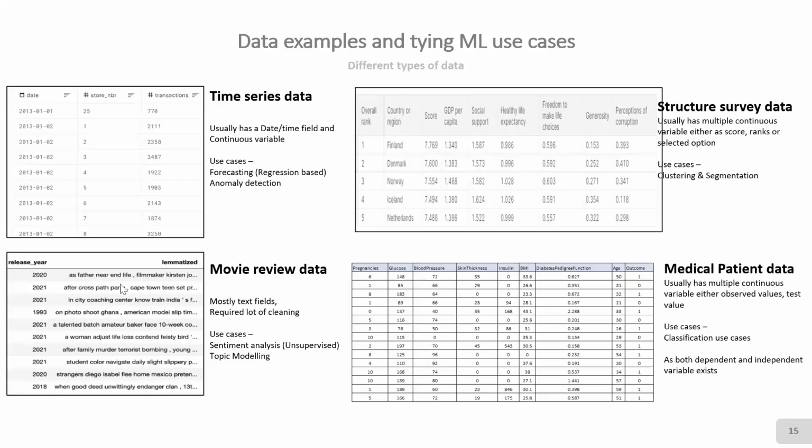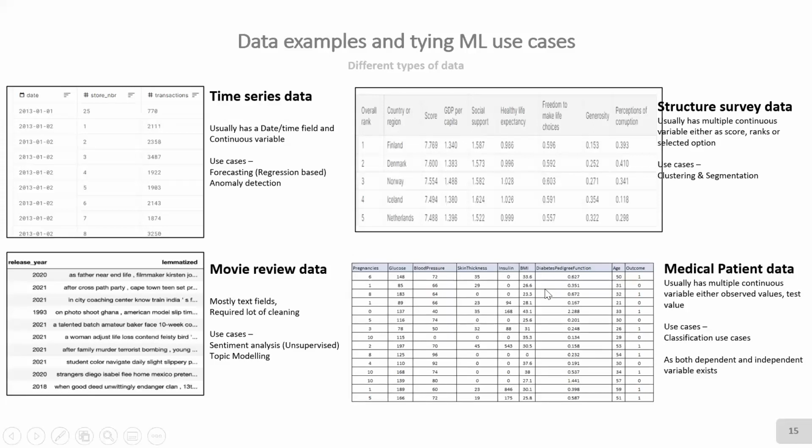For this kind of textual data, you need to first do a lot of cleaning, but the use cases they solve could be sentiment analysis or topic modeling. There are a lot of use cases that you can cater to from these kinds of data sets.